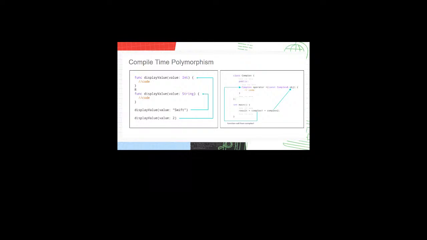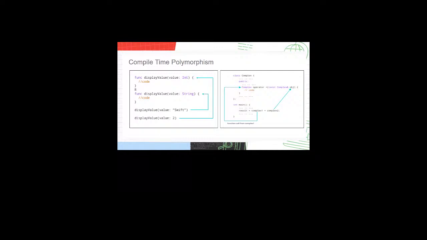Next, we have some examples of compile time polymorphism. In the first code, function overloading takes place. There are two functions with the same name, display value, and with the same number of parameters, that is 1. But in both of them, the data types of the parameters are different. The first function parameter has int as its data type, and in the second one, string is the data type.